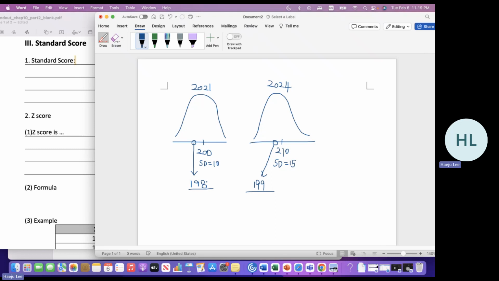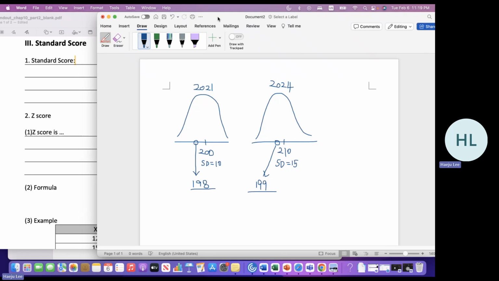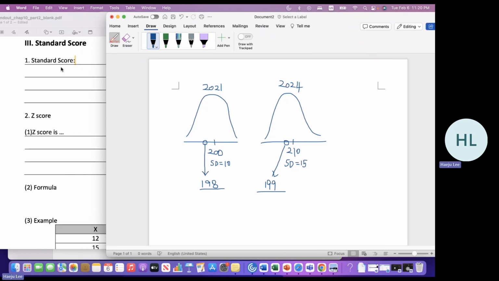So in this case, standard score can be used.